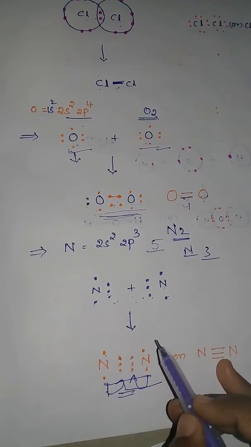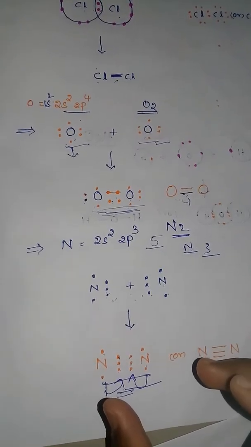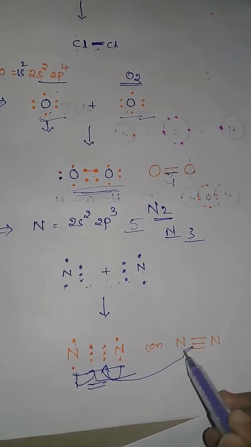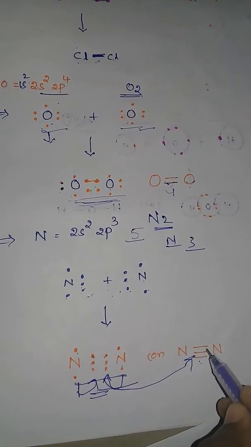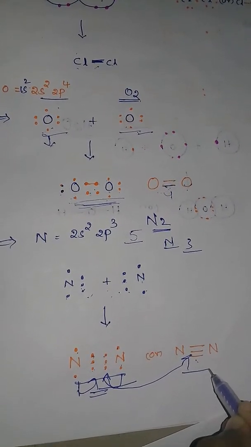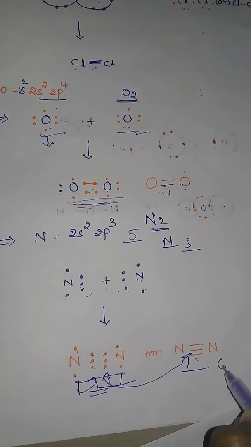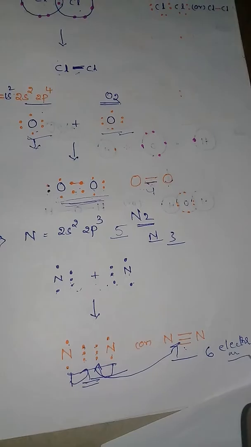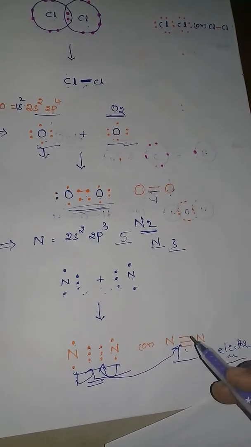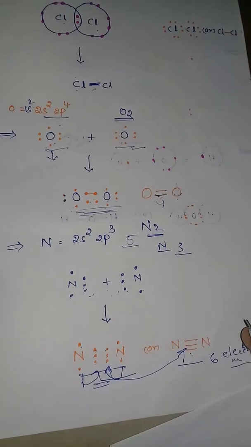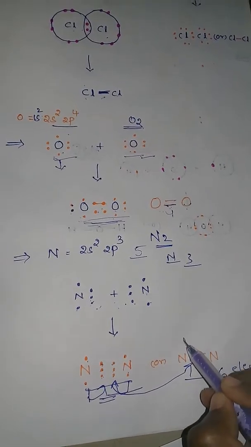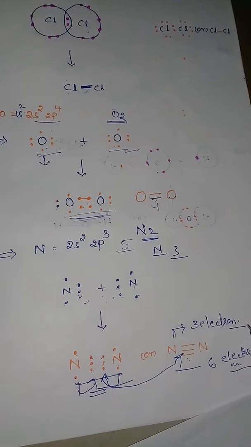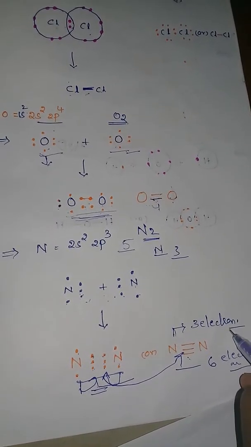Why are we sharing electrons? To get octet configuration. So these 3 electron pairs represent a triple bond. Triple bond means between these 2 nitrogen atoms 6 electrons are shared, that is 3 electron pairs. 6 electrons are shared between 2 nitrogen atoms, and each nitrogen atom shares 3 electrons.